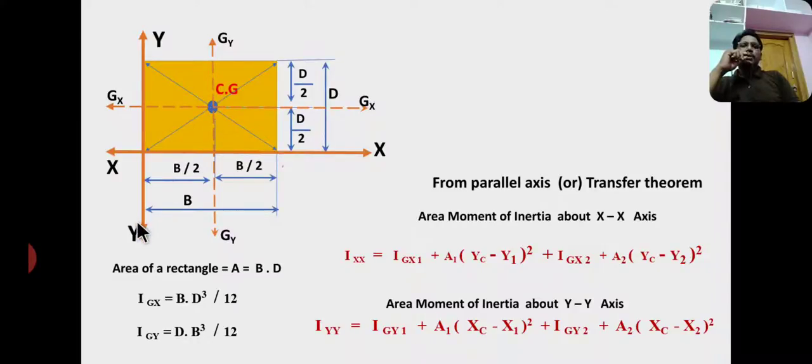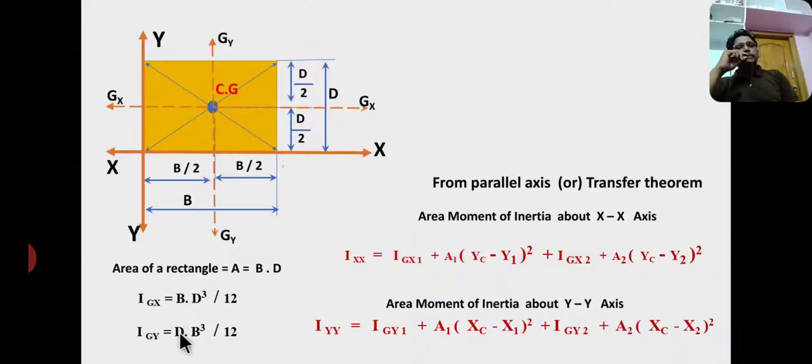Similarly, here I am considering the reference axes, XX and YY, as the reference axes. Now the dimensions of the rectangle are base B and height or depth D. The centroid lies at a distance of B by 2 and D by 2.